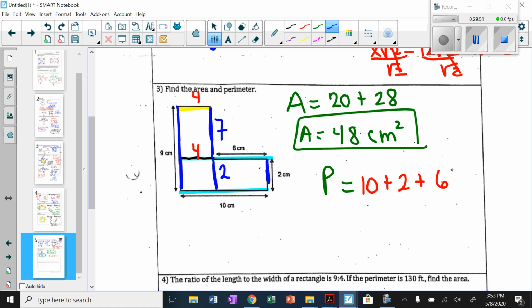So we got 6 plus 7 plus 4 plus 9. So the perimeter will be, if you add those all up, 38 centimeters. There we go.